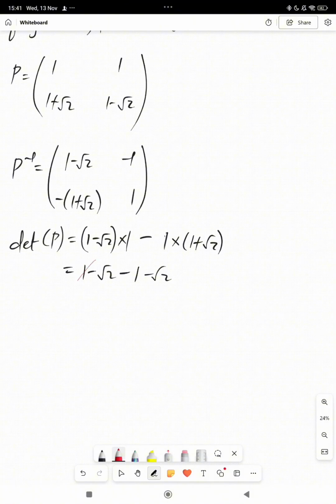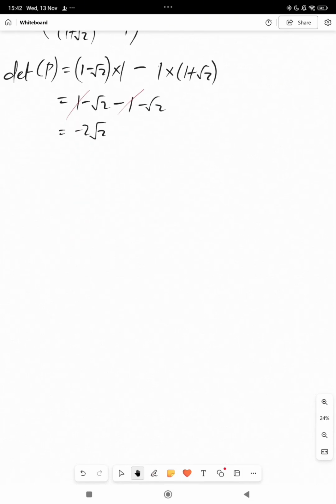This cancels, leaving us with minus 2 root 2. So 1 over minus 2 root 2, we're going to have minus root 2 all over 4.